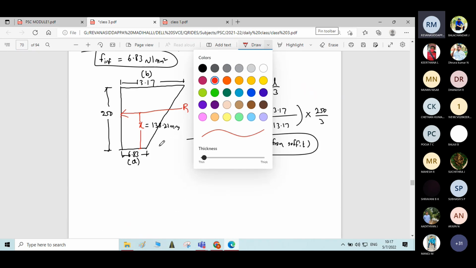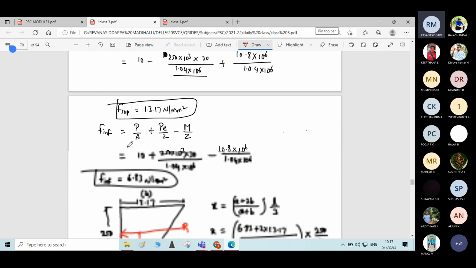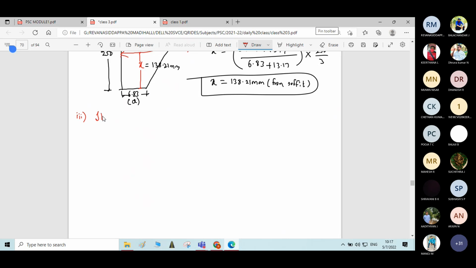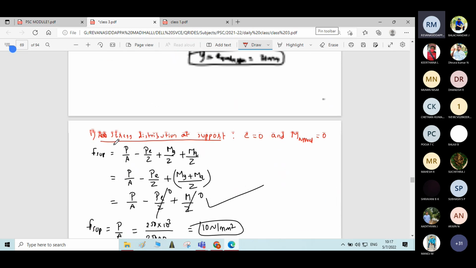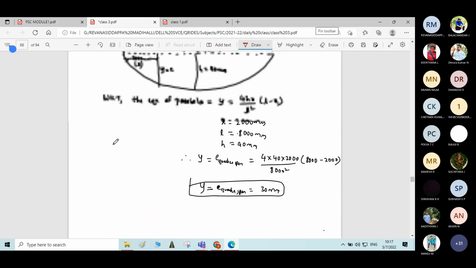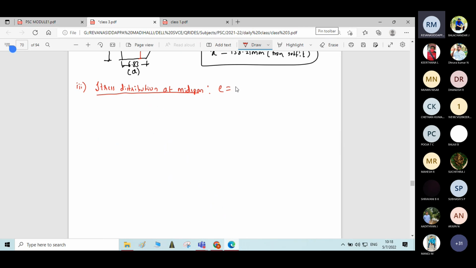Third one: stress distribution at mid span, where the eccentricity at mid span is 40 mm and the moment at mid span is 14.4 into 10 power 6 Newton millimeter.